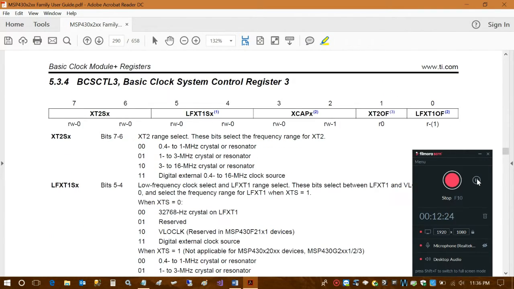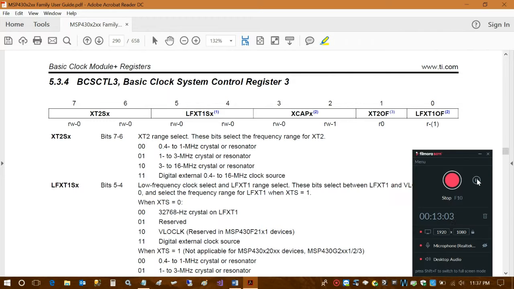Then is your BCSCTL3, that is basic clock system control register 3. Now XT2SX, this is the XT2 range select. Now if your device has an XT2, which is not in the case of 2553, but definitely in the case of other MSP430 devices which have XT2 present in it, then if you're connecting a particular crystal, whether it is 0.4 megahertz to 1 megahertz, then you have to put 00 over here.